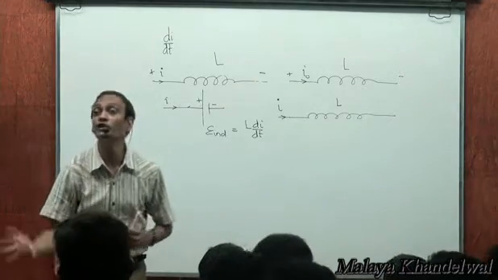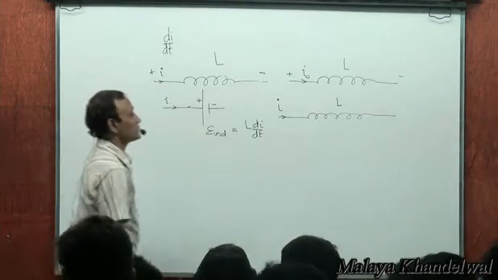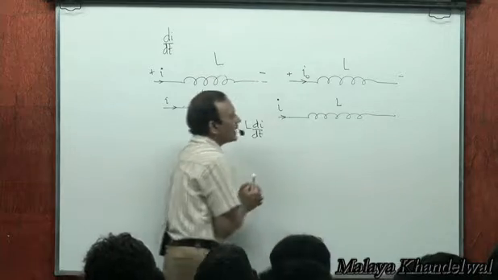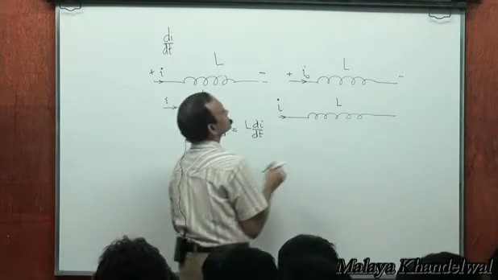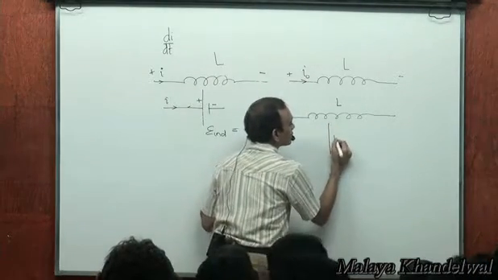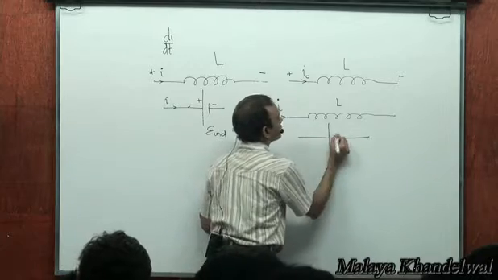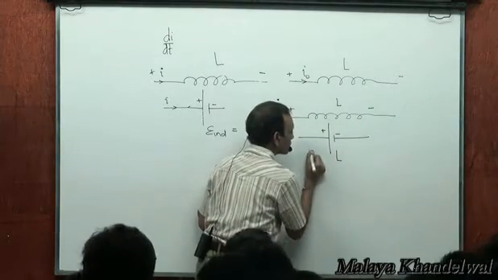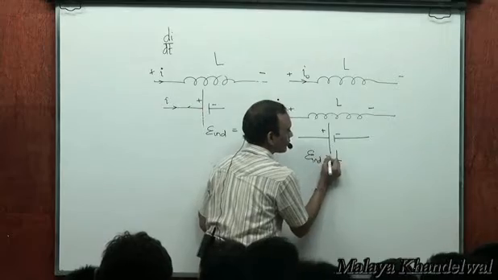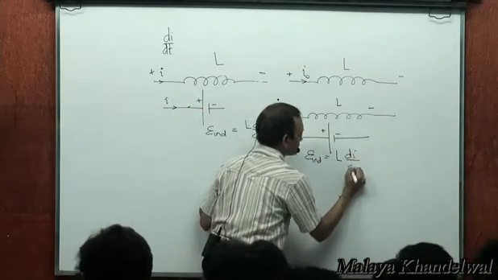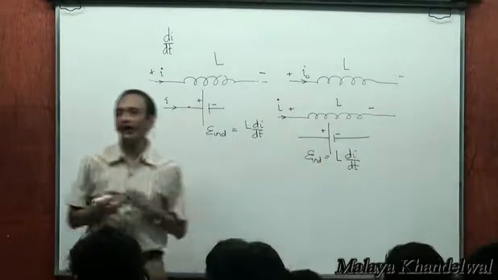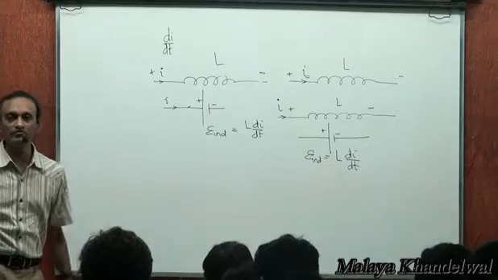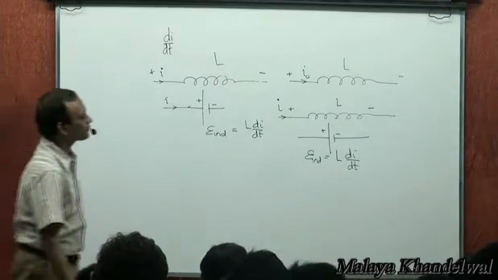That's by virtue of the inertial properties that it has. Now, at this juncture, the induced EMF would be like this, and will be L di dt, would be the induced EMF.